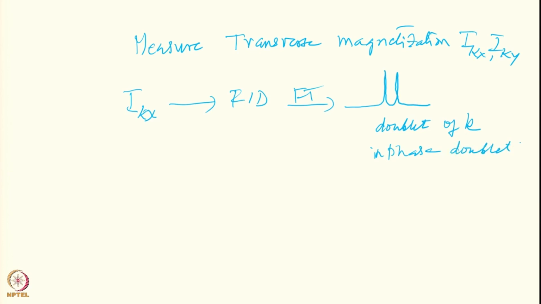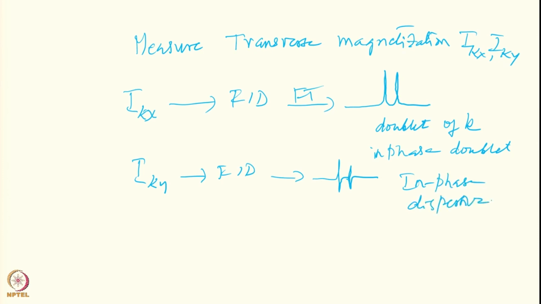Similarly, you can write for IKY. IKY will give you antiphase terms, the IKY FID, and this may generate a dispersive signal. This is in phase dispersive. You can choose either way, depending upon where your detector is.